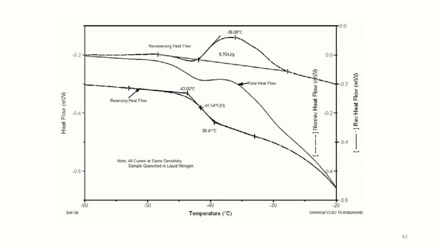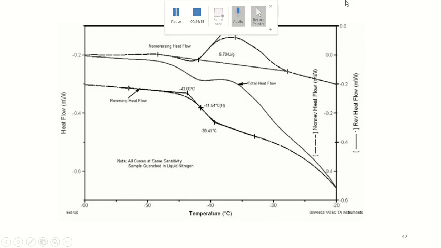Even at a slow average heating rate of 0.5 degrees Celsius per minute, modulated differential scanning calorimetry provides extremely high sensitivity for characterizing the complex structure of frozen solutions which are used for freeze drying.